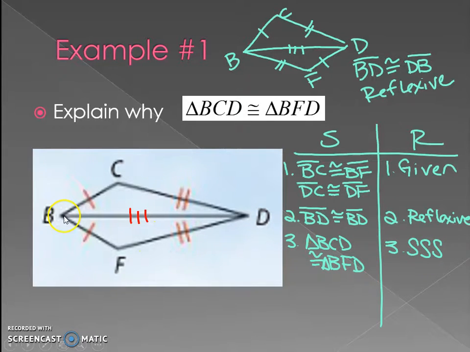So right here, BD is congruent to BD. That's the reflexive property because they're sharing the same side. In order to prove that these two triangles are congruent, you need to use the side, side, side postulate. So you're going to write triangle BCD is congruent to triangle BFD because of side, side, side, SSS postulate.